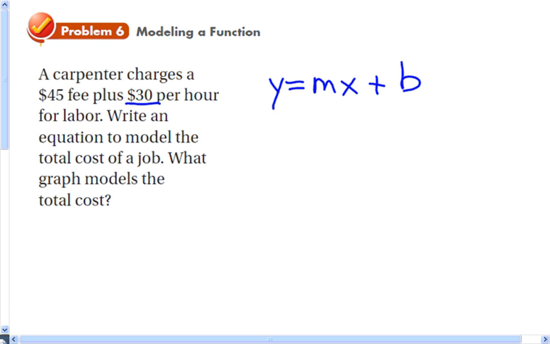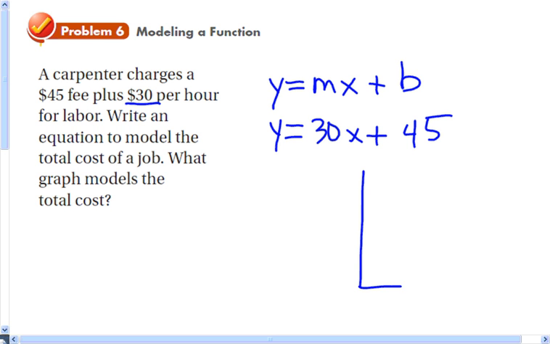So we can write for y, and that would be the amount we charge, is equal to 30 times x plus 45. Now, if we were to draw a graph of that, and I'm just going to sketch a quick graph, we know that we would start at the y-intercept, so this would be 45 on the y-axis, and this would be the hours that we work, and every hour this would go up by $30.